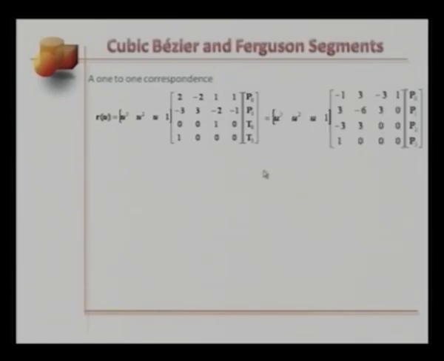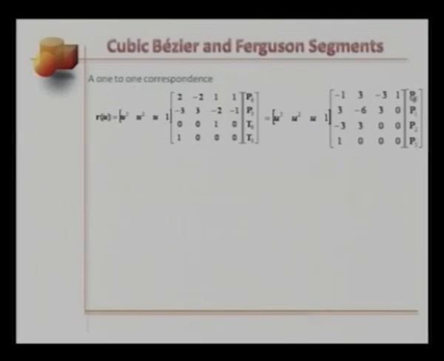Correspondingly, for a cubic Bezier curve, this 1 by 4 matrix is the same as this one in u. This 4 by 4 matrix here is a Bezier matrix, and this 4 by 3 matrix is the geometric matrix that takes the information from the 4 design points or control points that you specify.